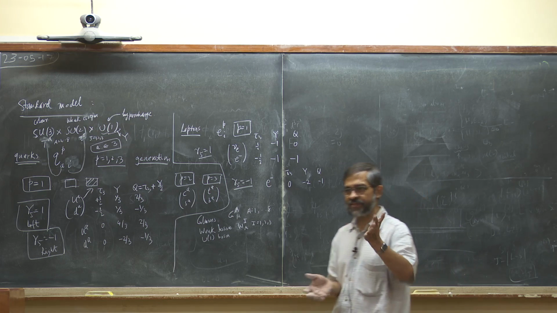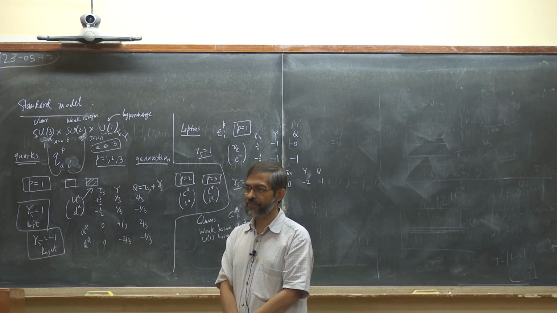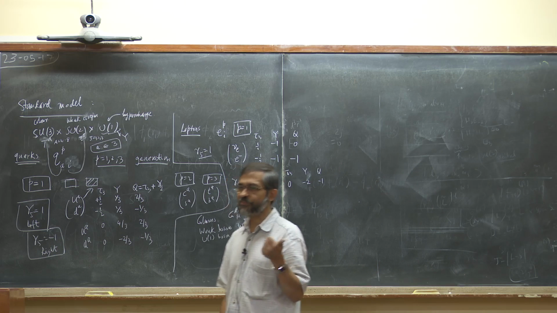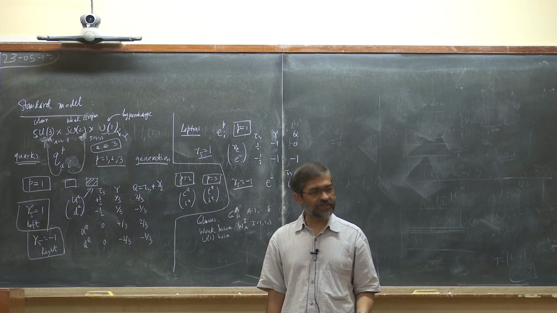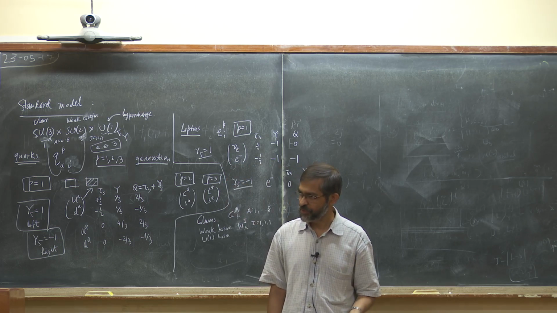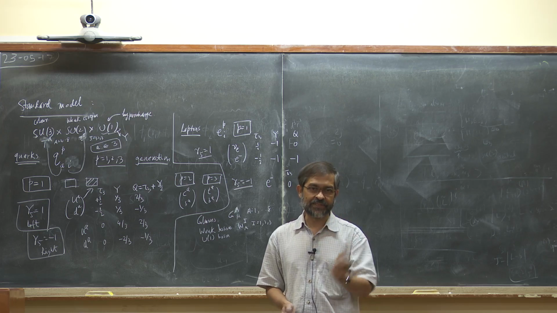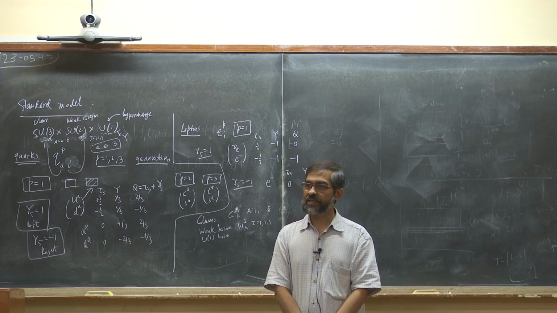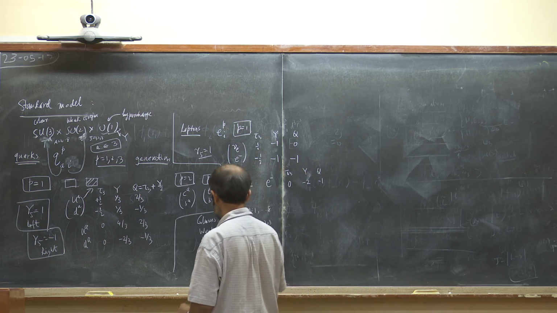It's directly related to the SU2 gauge symmetry, which is broken. But there is a global SU2 symmetry which is called a flavor SU2 symmetry. It connects U and D. And that symmetry is of course broken a little bit. So let me tell you why it is broken.